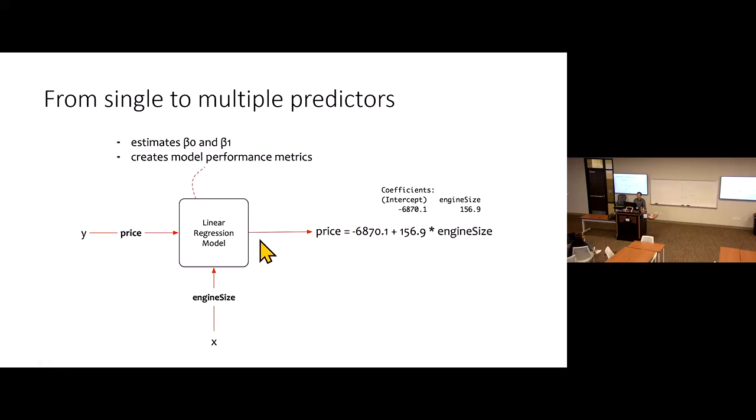Then you tune your parameters, and you found that this beta has to be 156.9 times the engine size. So this number comes from the training data. Okay, so you observed a lot of cars with different engine sizes. Then you make this prediction model.